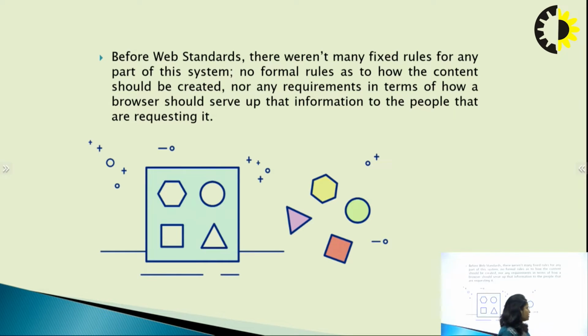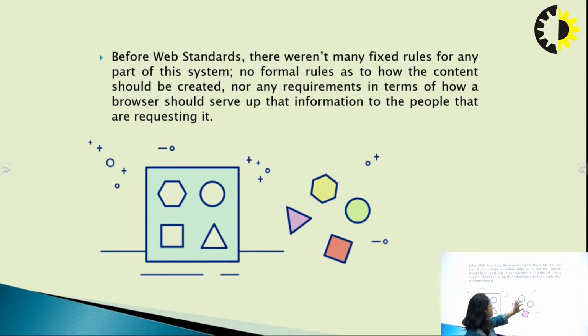At that time, suppose these blocks are websites and these are the browsers. In the 90s, the websites were developed according to the web browser that would be used. So, we can say this whole phenomenon is just like a toy. These browsers are some holes and these websites are treated as blocks.